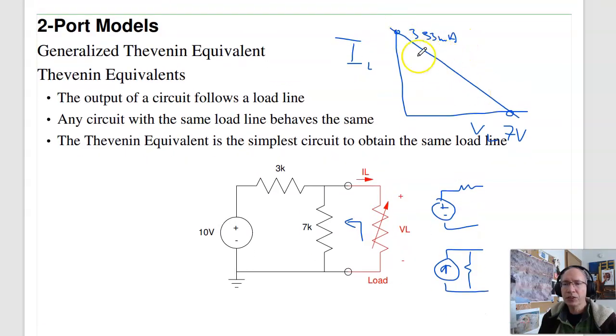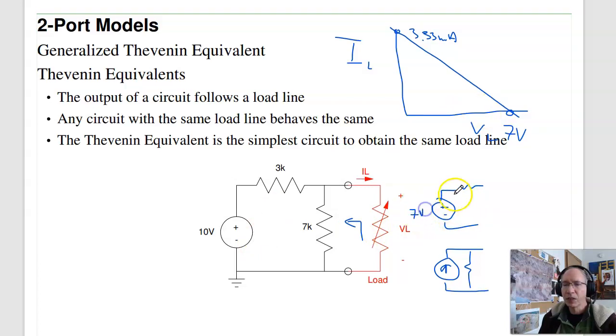So any circuit that has this characteristic will behave like that. So if I take the Thevenin equivalent, this will be your 7 volts, the V Thevenin. The resistance, let's see, 7 volts over 3.33 milliamps gives you the resistance. And that would be my Thevenin equivalent.